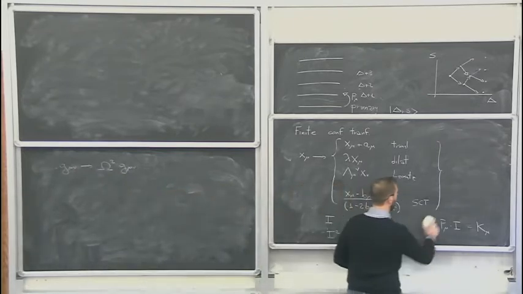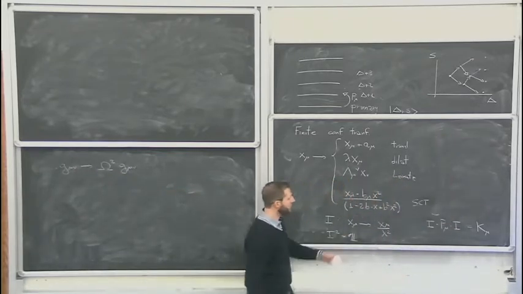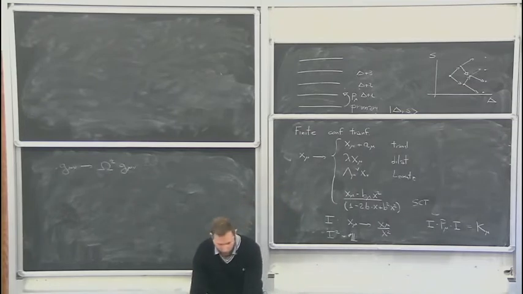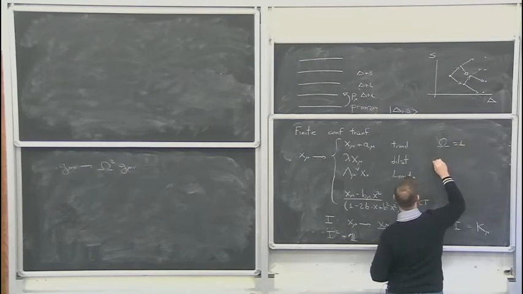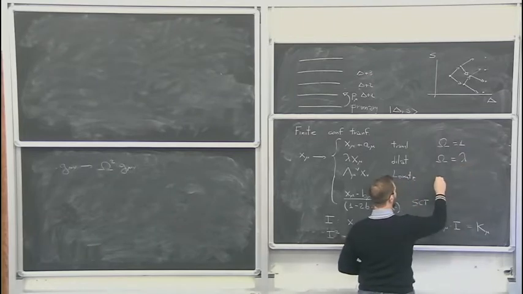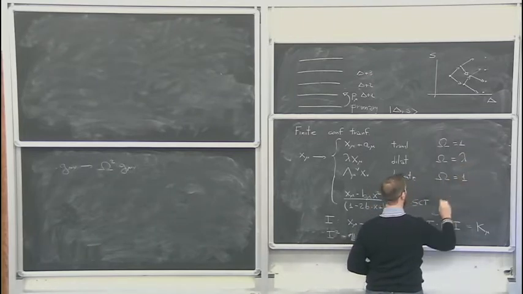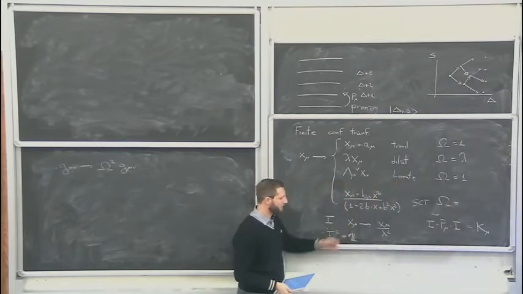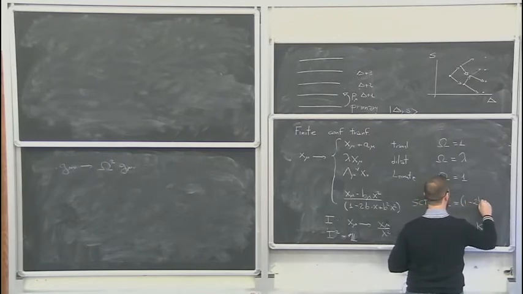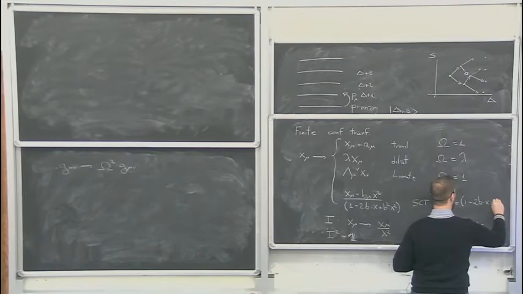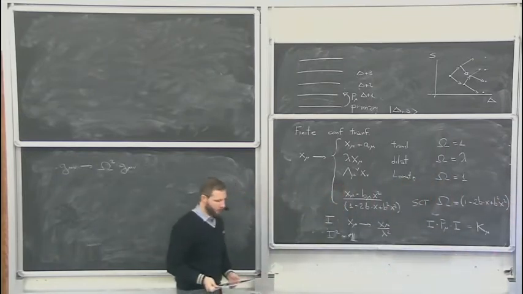And omega for these various transformations can be easily computed. So in this case, omega is just 1. In this case, omega is lambda. In this case, omega is again 1. And in the special conformal transformation case, omega is this denominator. It's 1 minus 2b dot x plus b squared x squared. This will be useful later.